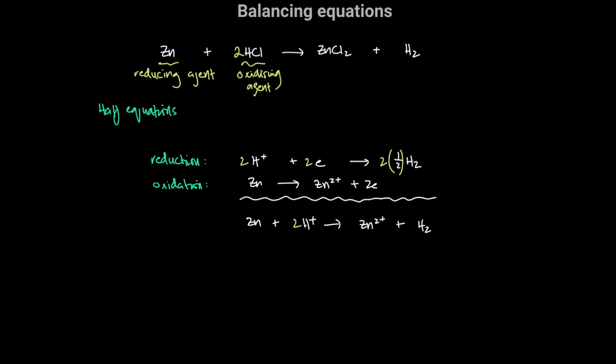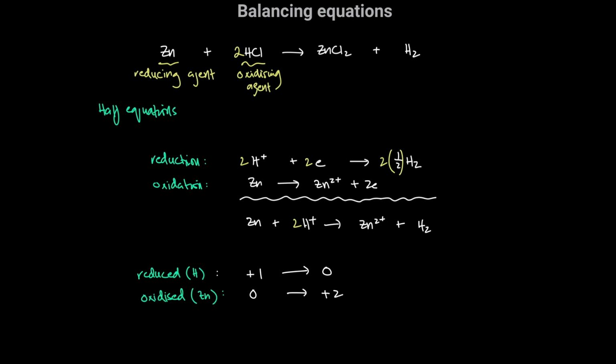We know that the oxidation number of hydrogen atoms is decreasing from +1 to 0. Similarly, zinc is being oxidized, so the oxidation number of zinc is increasing from 0 to +2.